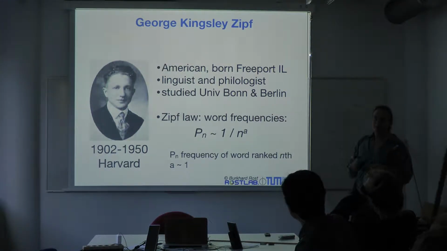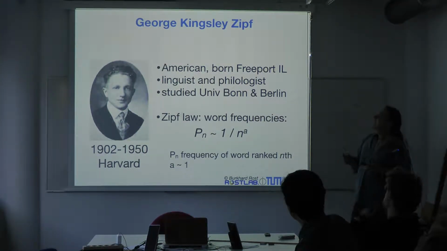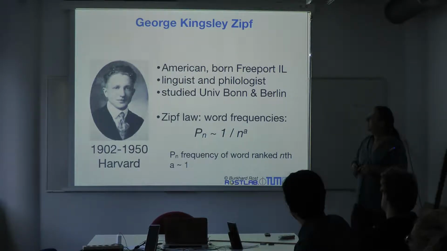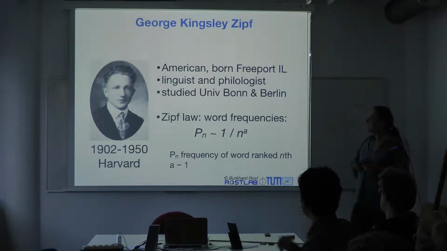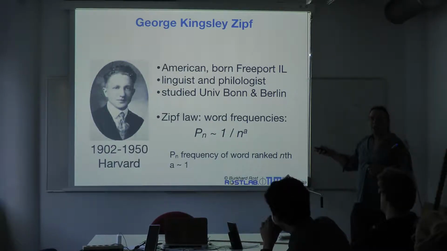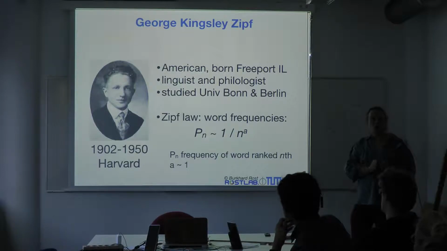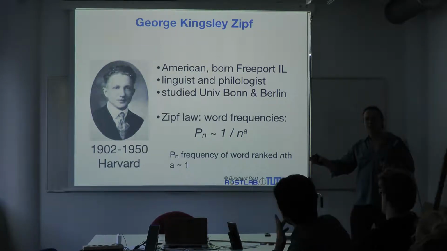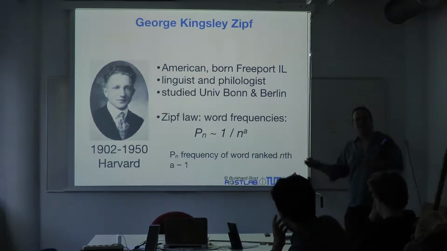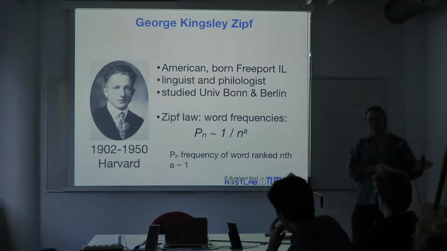Does anybody know him? George Kingsley Zipf was American-born and actually studied in Bonn and Berlin. Known for, not surprisingly, Zipf's law. Zipf's law was established originally for word frequency. He discovered that when you look at different languages, they have different words that are most commonly used.